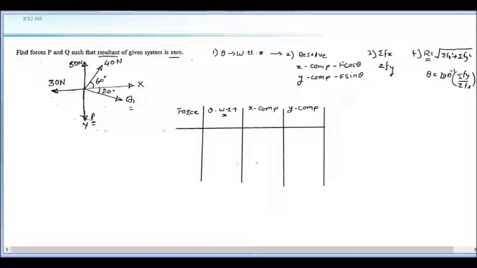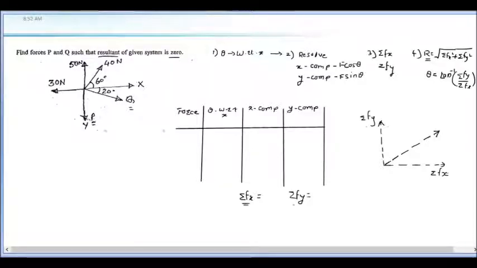At last, as and when we have calculated this, we finally have the summation of Fx here and the summation of Fy over here. The summation of Fx and summation of Fy are nothing but the resolved components of the resultant.